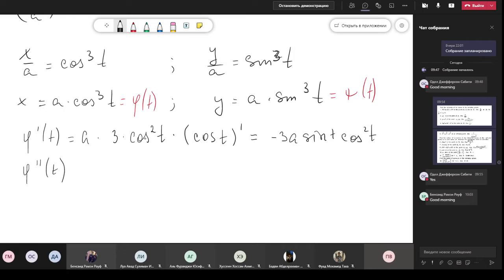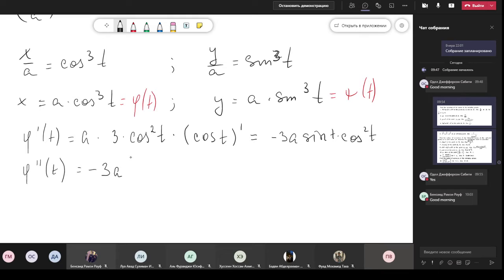Then phi 2 prime. It is the derivative of phi prime. Minus 3a we can write down, and here we have the derivative of a product. The derivative of a product is the derivative of the first term times the second term plus the first term without derivative times the second term with derivative.